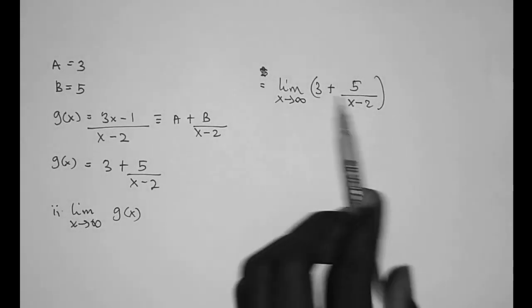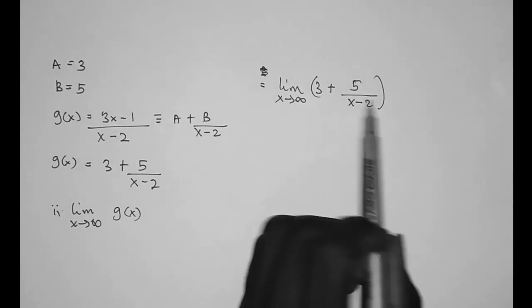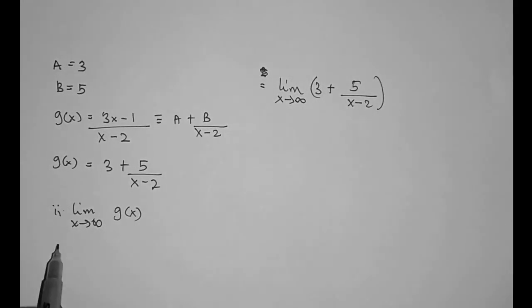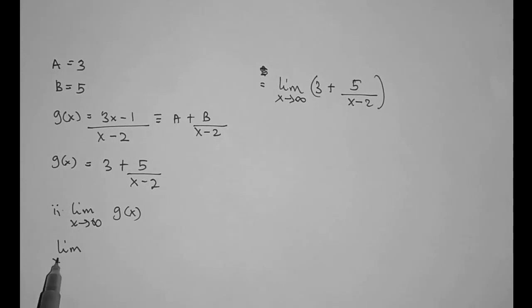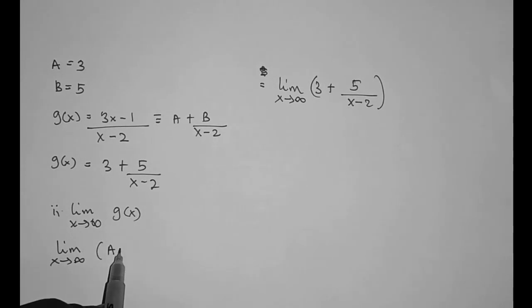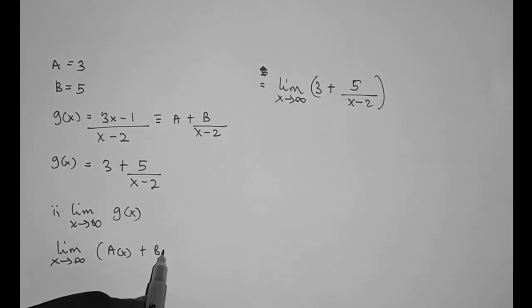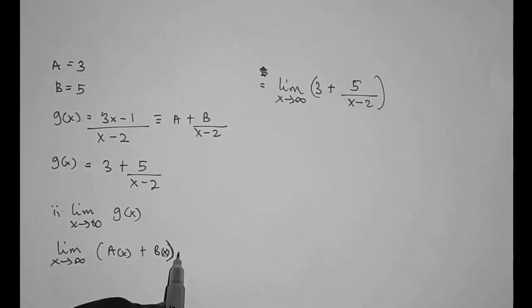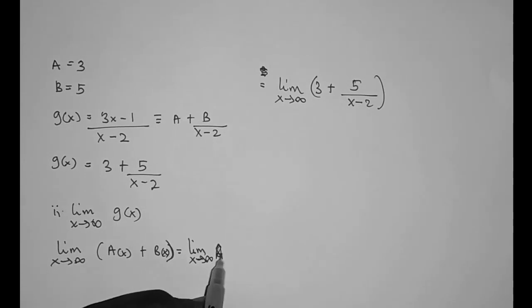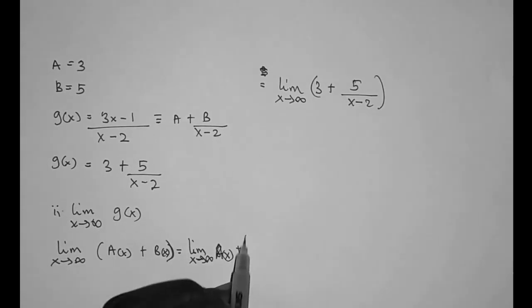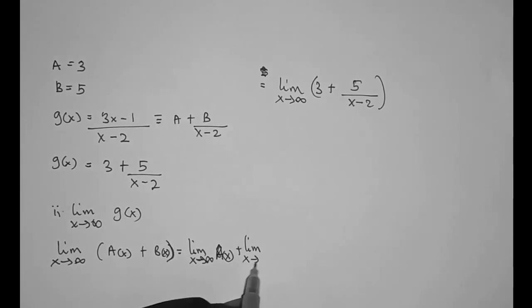Now, by the properties of limits, you can split this limit into two. Let me write it here. The limit as x approaches infinity of a certain function a of x plus another function b of x is equal to the limit as x approaches infinity of the first function, a of x, plus the limit as x approaches infinity of the second function, b of x.